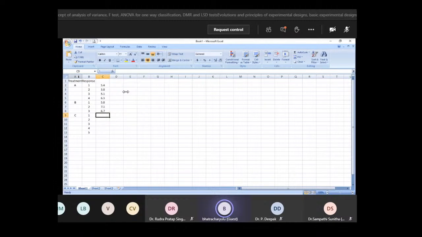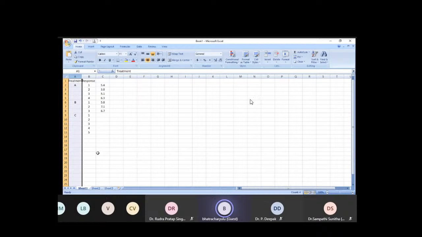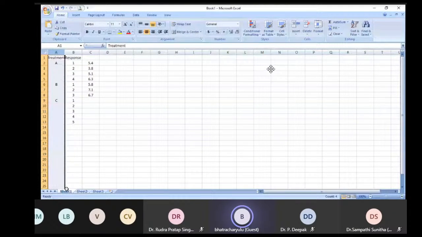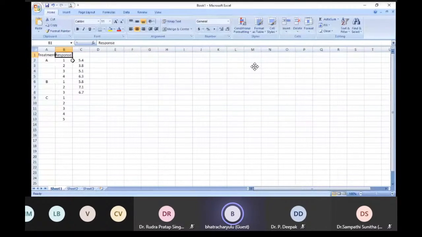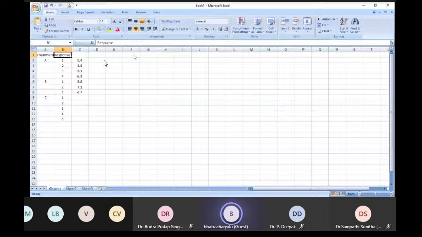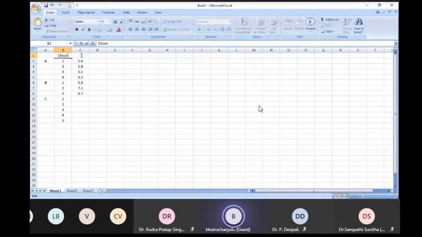Generally we have data view and data variables. There are two buttons on the SPSS at the bottom, data view and data variable view. Under the data variable view, you have to write how many variables there are. First you write treatment, then the observation, and the actual response.